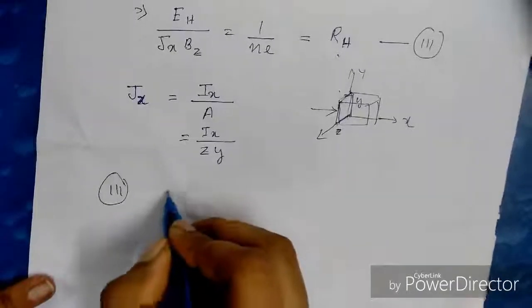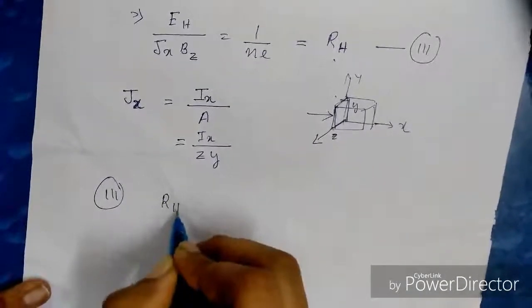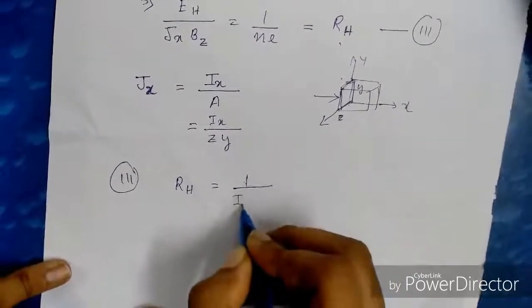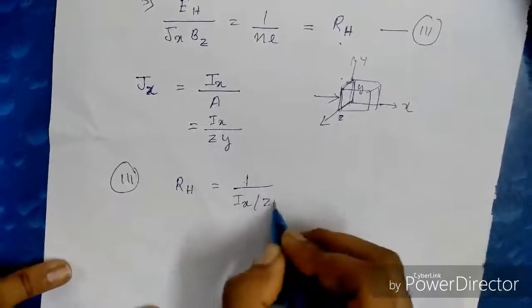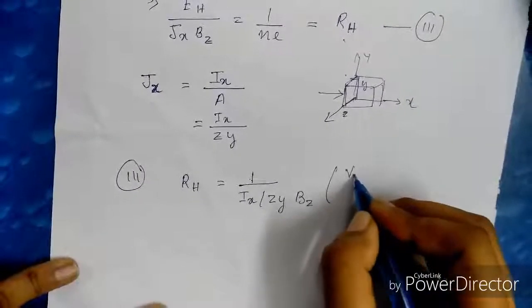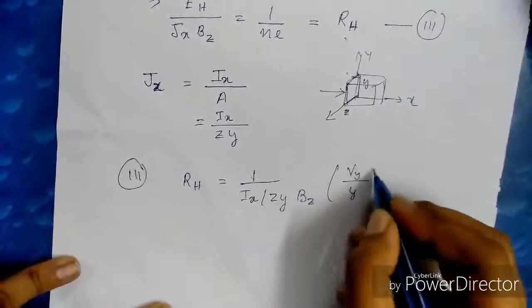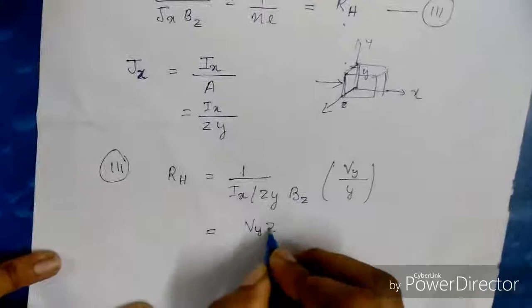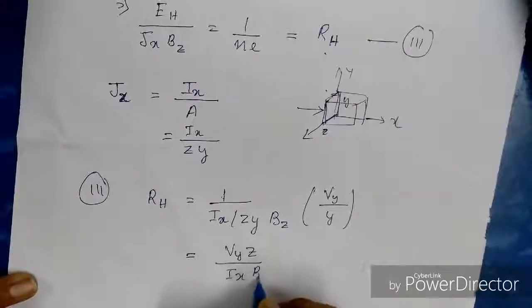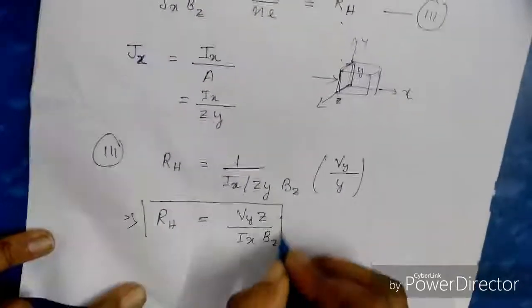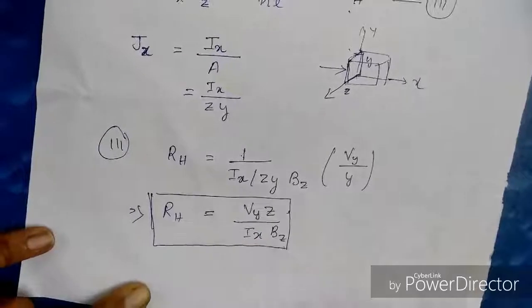Therefore, putting this value in equation 3, we can get RH is equal to 1 by Ix divided by Zy into Bz, and replacing EH by Vy by y, we get Vy z divided by Ix Bz. So this is the expression for the Hall coefficient.